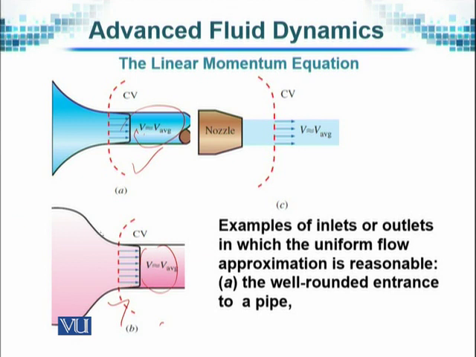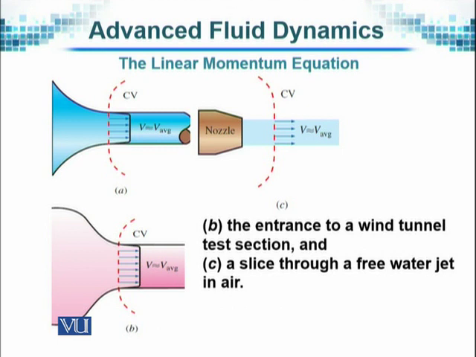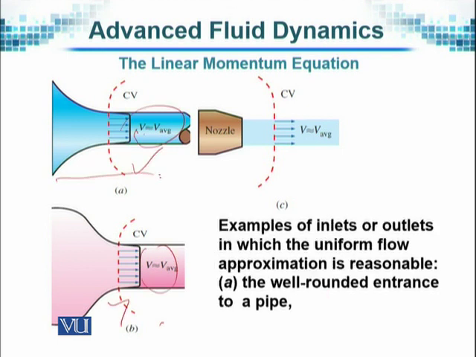You can see the fluid is coming from a wider range and then choking in. So velocity is going to change. Pressure terms will also be changing in a pipe. And therefore, in the first picture, you see that it is a well-rounded pipe in which the fluid is entering.